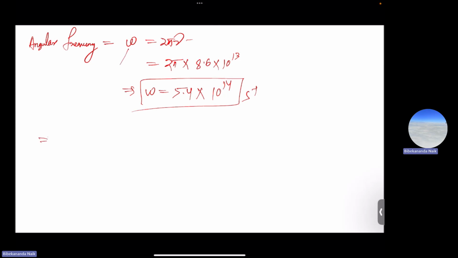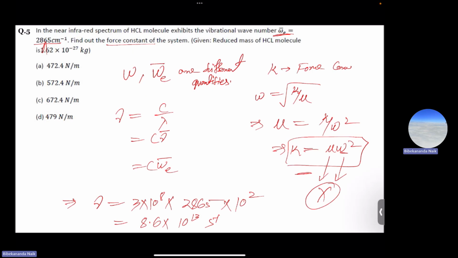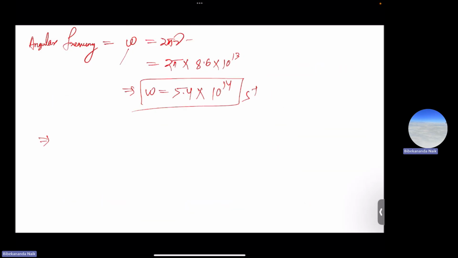Now since omega is known, we will use this formula. K is omega square mu, that is 5.4 into 10 to the power 14 whole square, into mu, which is 1.62 into 10 to the power minus 27.